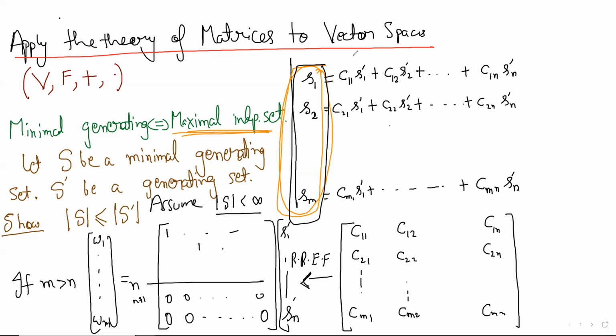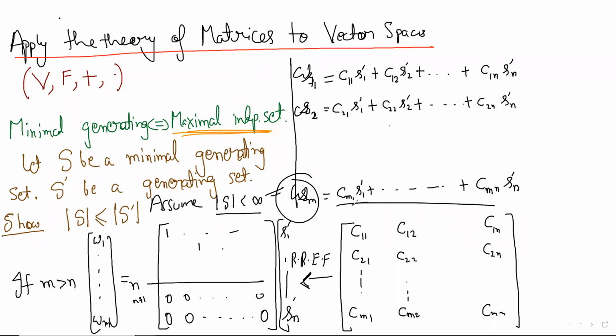Which means you will have an equation like this, but this will get replaced by W1, and this by W2. But you will have a zero row, and that's not possible because this is a non-zero vector, and this is zero. That's the point: this row will become zero.